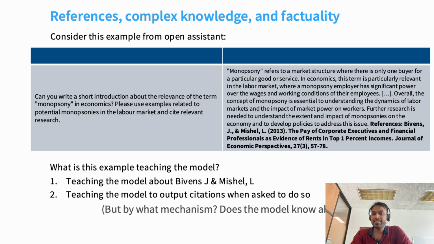So on one hand, it is possible that the model has some concepts in its pre-training distribution about monopsony and the reference. But if it does not, it's going to learn a pattern that anytime I'm asked a complex question, I need to end that with some reference tokens.